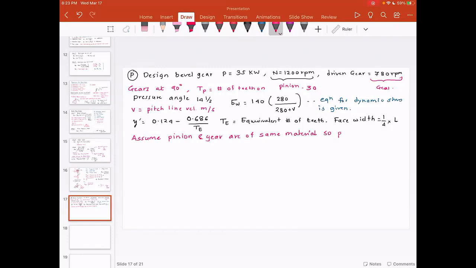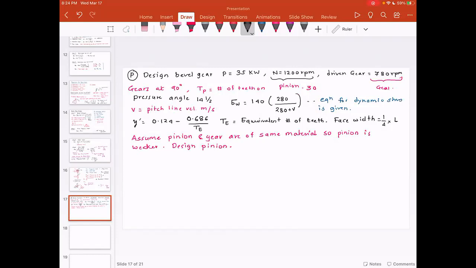So pinion is weaker, and we'll design pinion. So in this particular case, since the gear and the pinion, both of them are made up with same material, gear is going to be stronger than pinion.